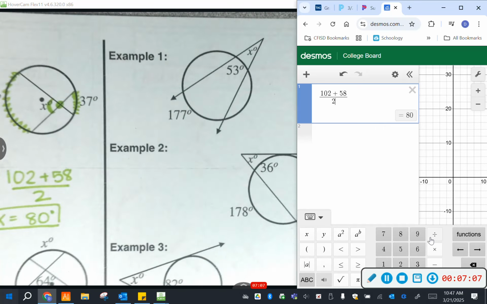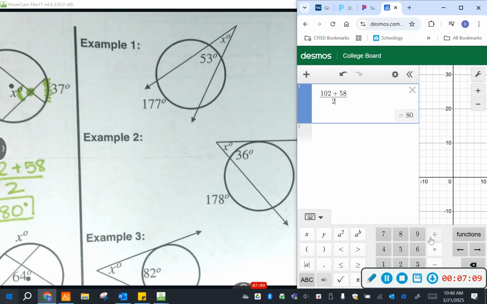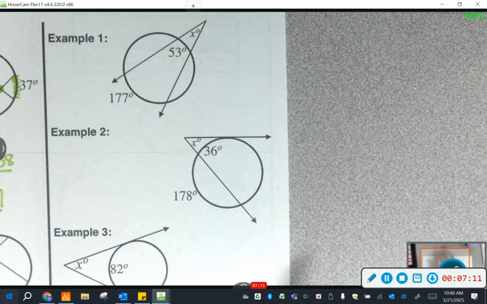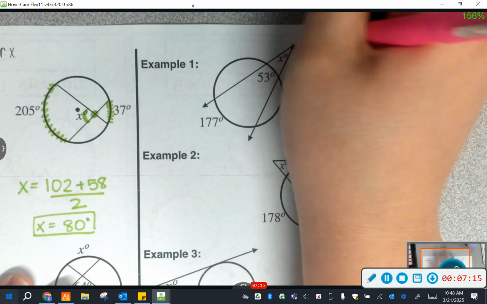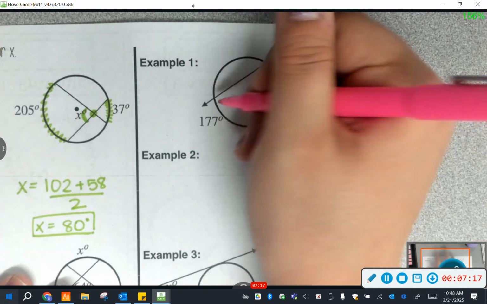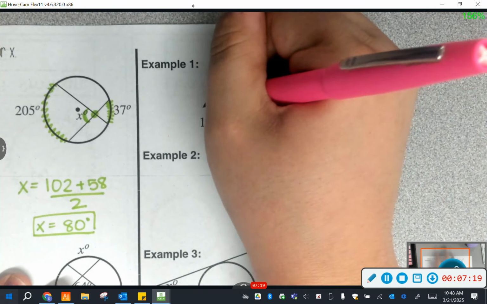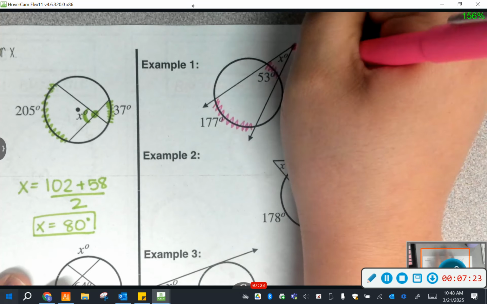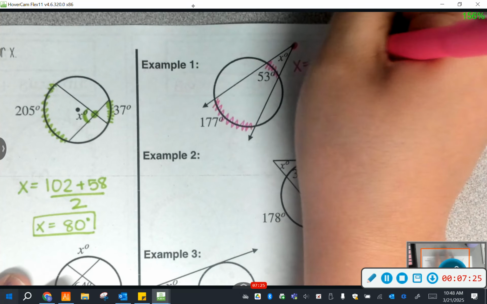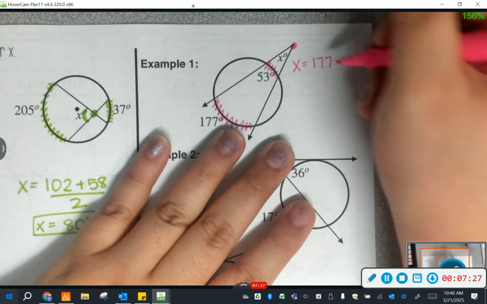If you can slide on over to the other side. What do you notice about the other side over here? They're all outside. This first one is the basic one. What's my big arc? 177. What's my small arc? And what do we do when it's outside?